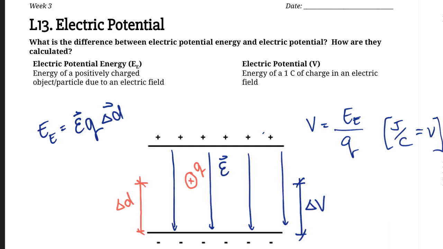It'll be some value, 10 volts or 100 volts or something like that. Whereas the energy is dependent on how much charge, because if you have more charge, that charge has more energy. So the nice thing about electric potential is that it doesn't matter how much charge you're dealing with. It just refers to, at a specific point in that field, how much electric potential energy would 1 coulomb of charge have. Okay, so it's sort of like a standard way of looking at the strength of a field throughout a field.